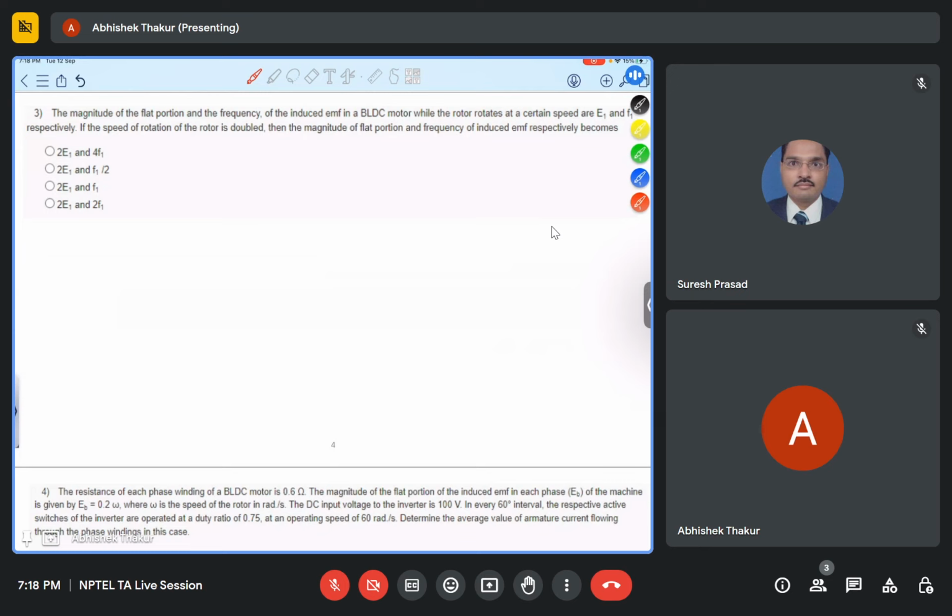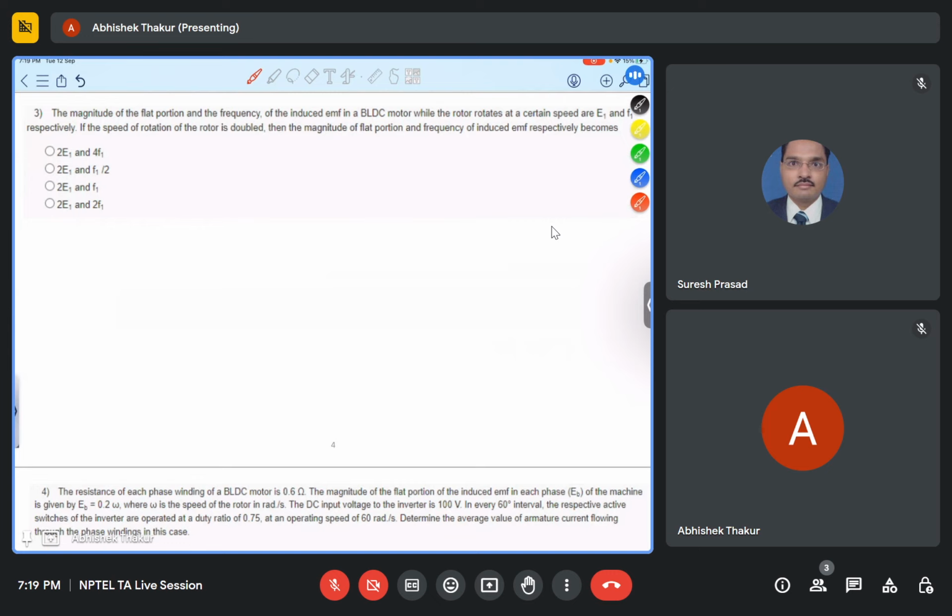Now, if the speed of rotation of the rotor is doubled, then the magnitude of the flat portion and frequency of induced EMF respectively become.